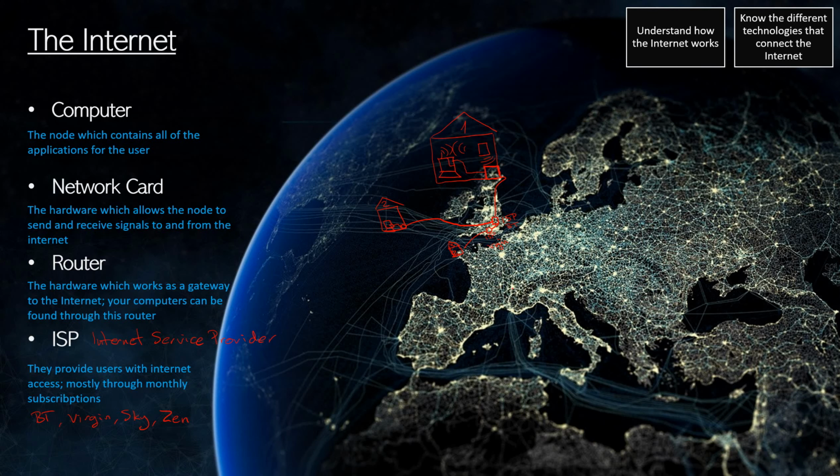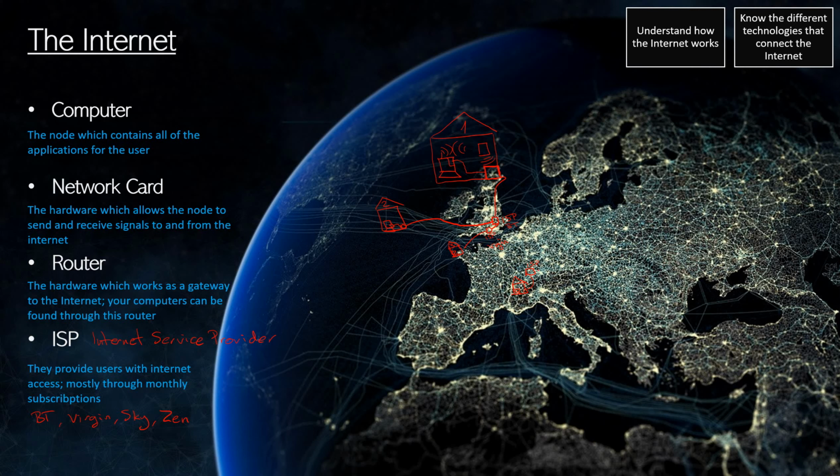Let's say, for example, you would like to contact someone in France here. Well, they would have a similar type of connection. So they would have a device, a node in their computer, in their homes, which will be connected to a router, which will be connected to an ISP.